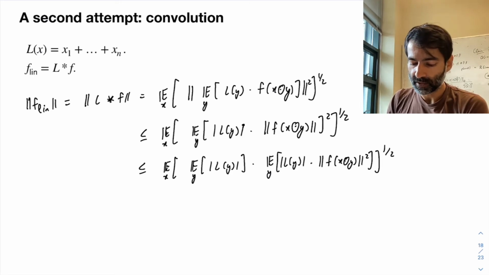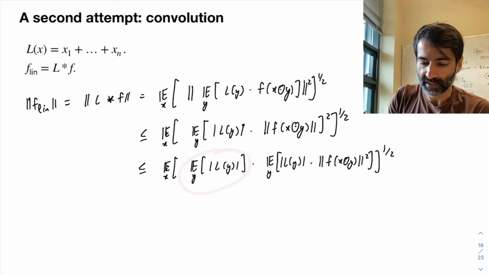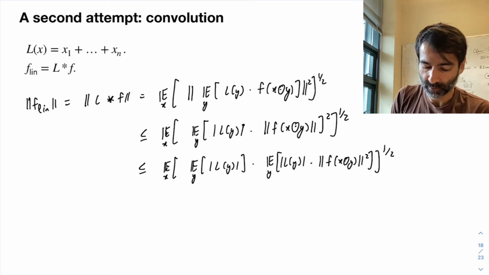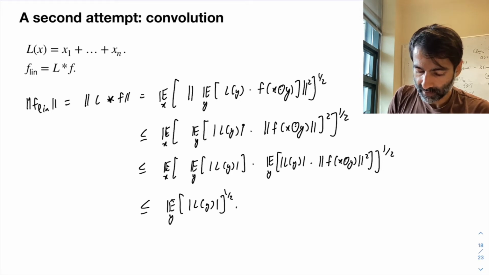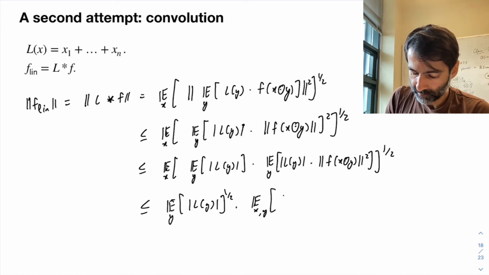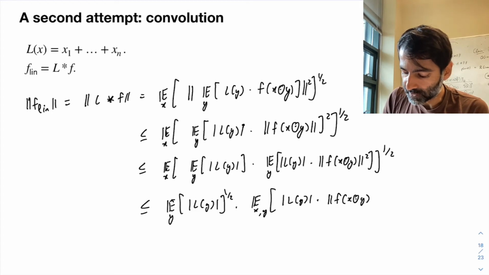All right, so now we've reached a good state, because you see this number doesn't depend on x at all, so I can just take it out. Okay, so this is at most the expectation over y. And what's written here in the second term, the coordinate-wise product of x and y is independent.